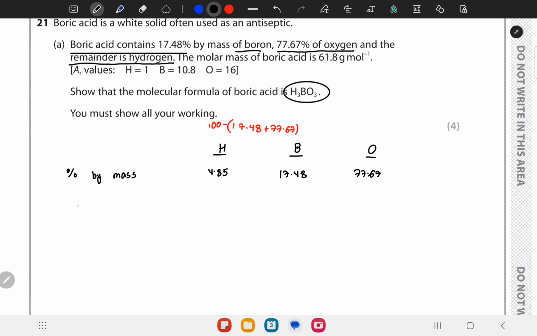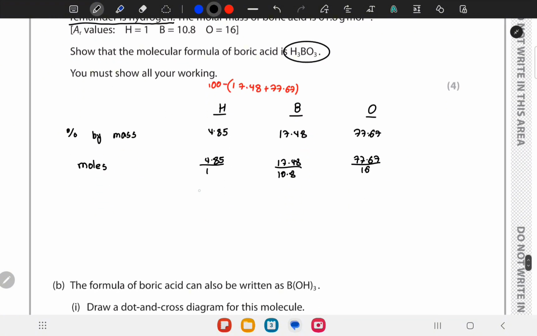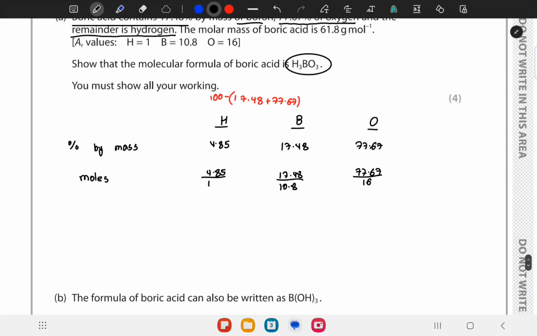The number of moles, or ratio of moles, would be 4.85 by 1, 17.48 by 10.8, and 77.67 by 16. We'll have 4.85, 1.6185, and 4.854.